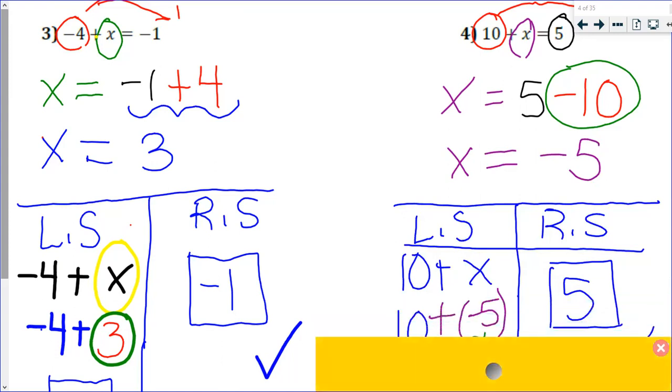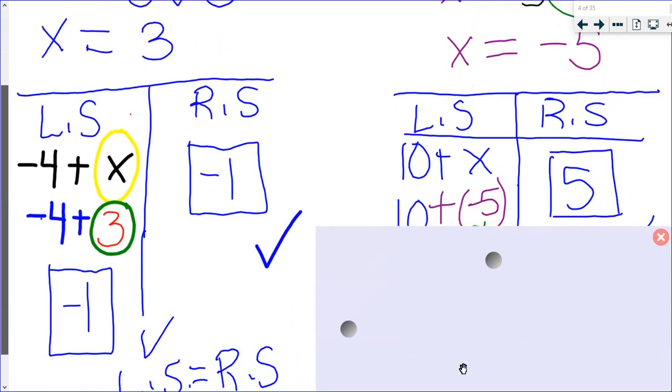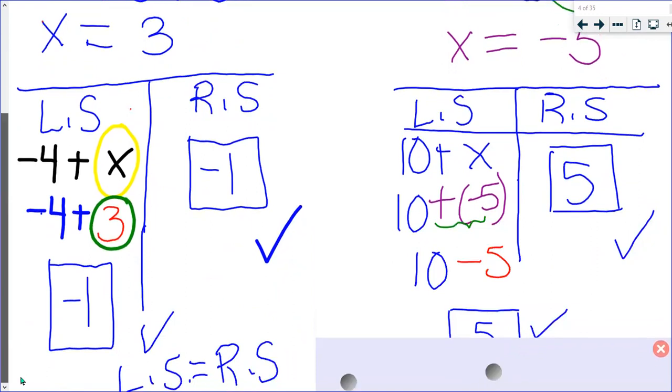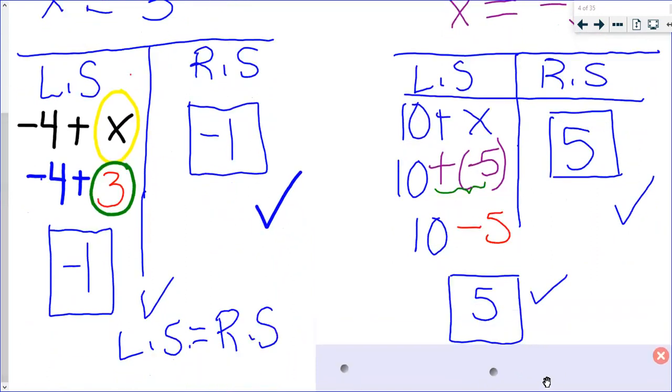X plus 10, we're plugging it into the equation where you would usually see the x. So my answer becomes positive 5 when I check, left-hand side is equal to right-hand side. Okay, so this is what it means to solve and check.